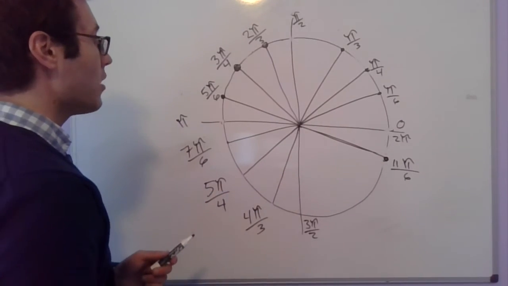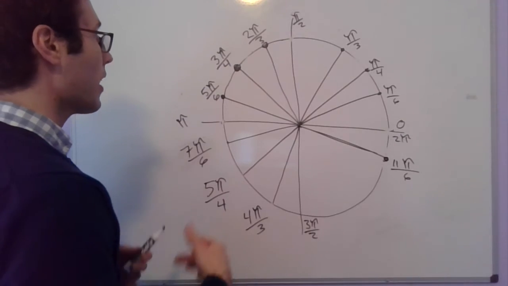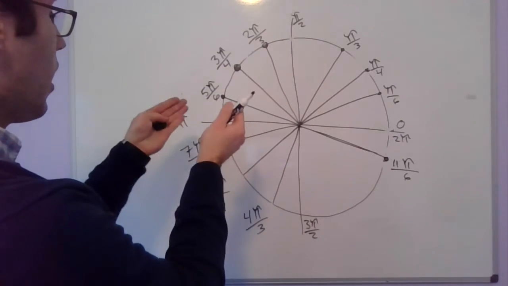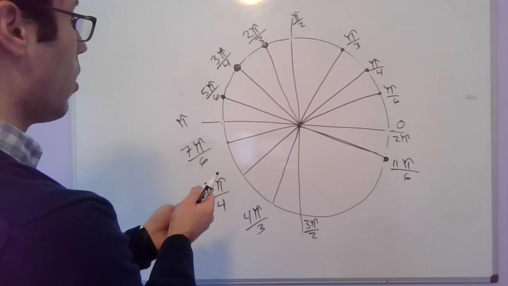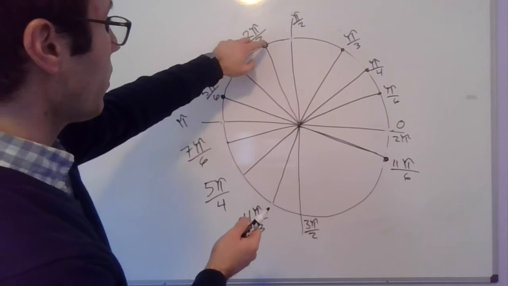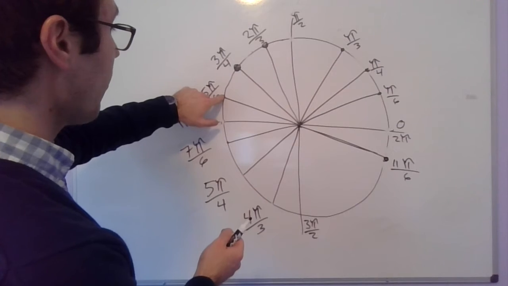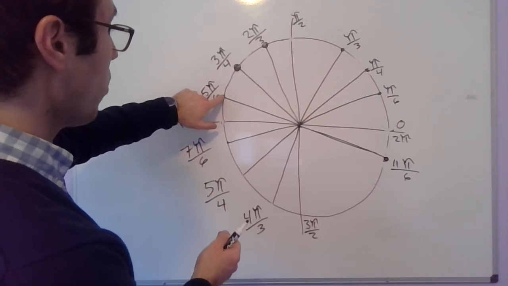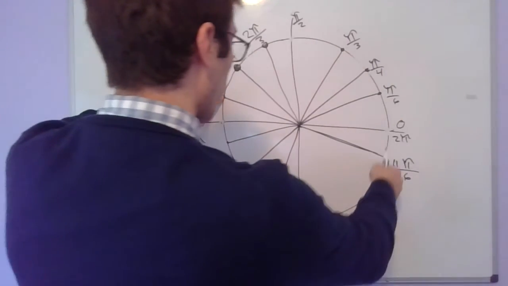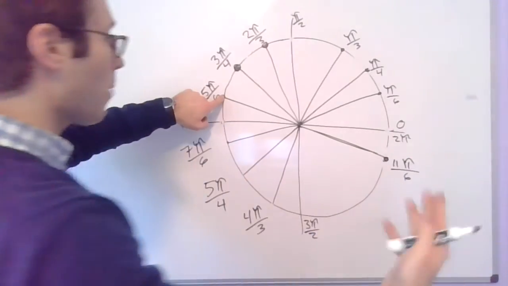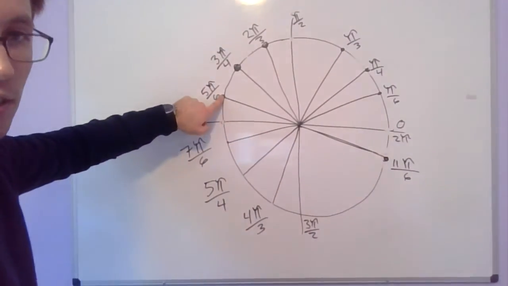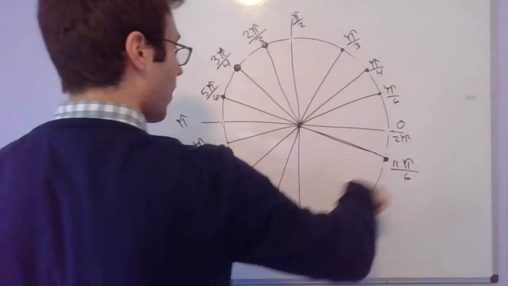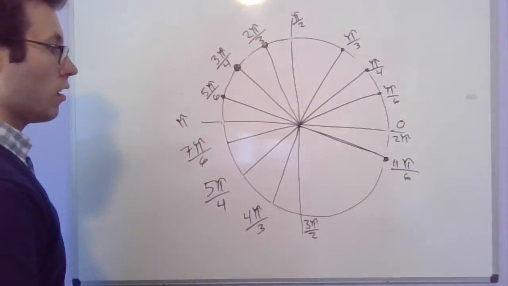The way that I do it, and this is just how I kind of think of this, is that I like dealing with this value as much as I can. So I try and deal with understanding that this is 5 pi over 6 plus another pi going around, plus another 6 pi over 6. That is going to give me 11 pi over 6. So I look at these values to deduce what those are.